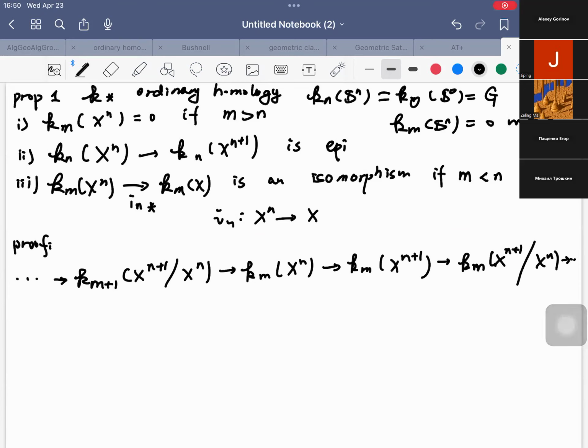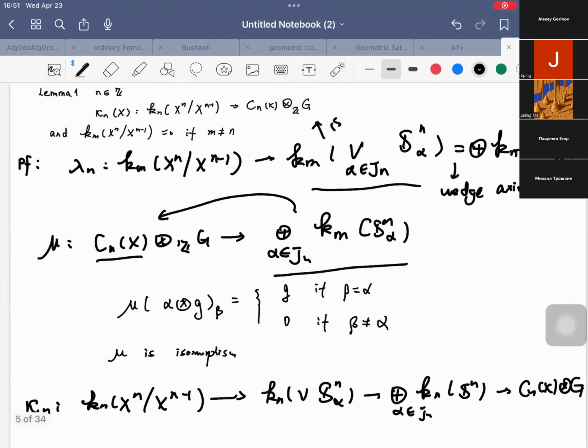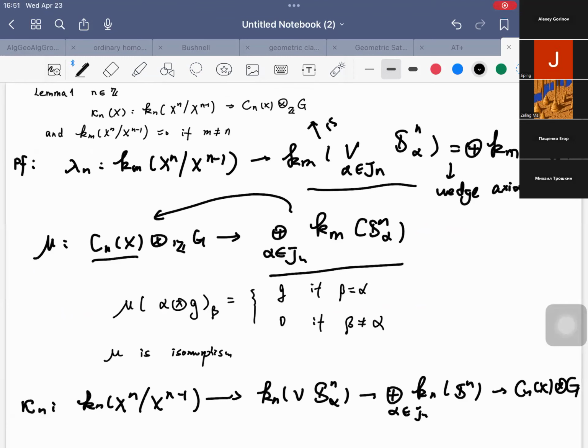From the first lemma, we can recall the first lemma. I have another step I didn't prove in the first lemma, this part. Sorry.